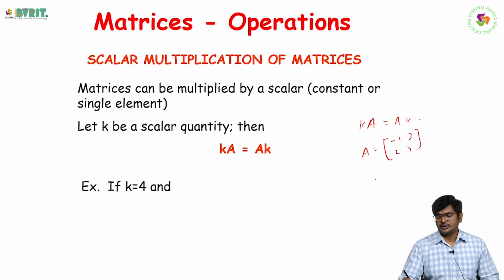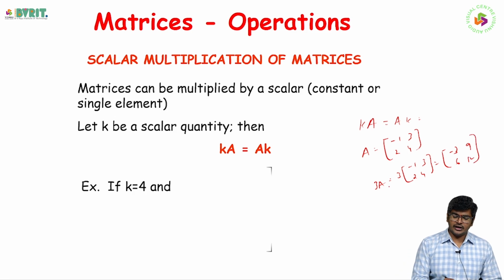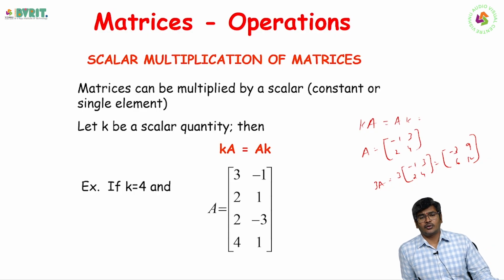Then the scalar 3 times A is 3 into [minus 1, 3; 2, 4]. We get 3 into minus 1, minus 3; 3 into 3, 9; 3 into 2, 6; 3 into 4, 12. This is called the result, 3 into A. That is, if K is equal to 1, then the matrix is unchanged.